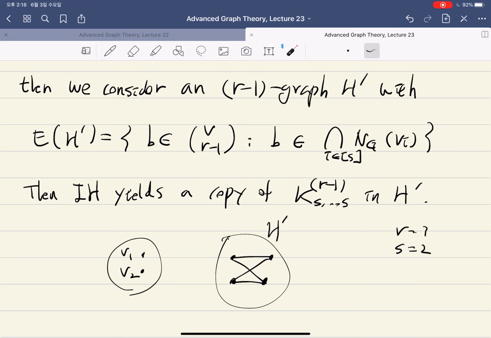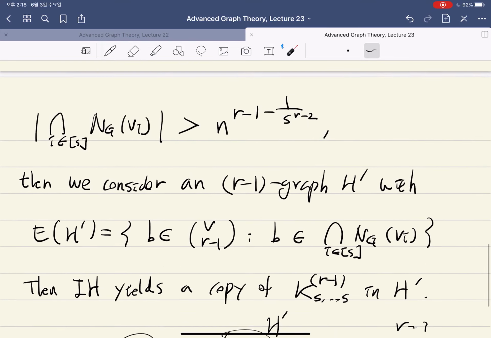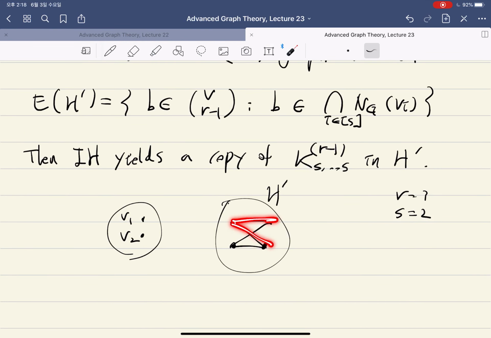Then what does this mean? By the definition of this H prime, these four sets of size 2 are all in the common neighbor of these two vertices in G, meaning that V1 plus this edge, these three vertices, form a hyperedge in H. And V2 with the same edge, these three vertices also form a hyperedge in H.